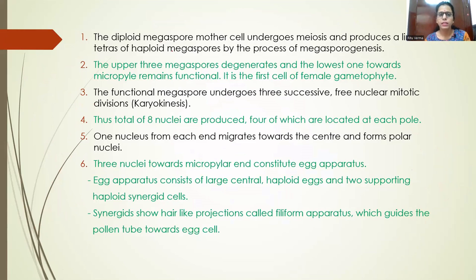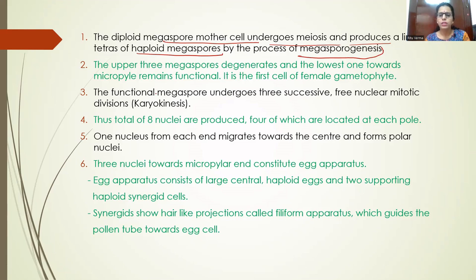First, the diploid megaspore mother cell, which is present inside the nucellus, undergoes meiosis and produces a linear tetrad of 4 haploid megaspores. This process in which the diploid megaspore mother cell undergoes meiosis to produce 4 haploid megaspores is known as megasporogenesis.